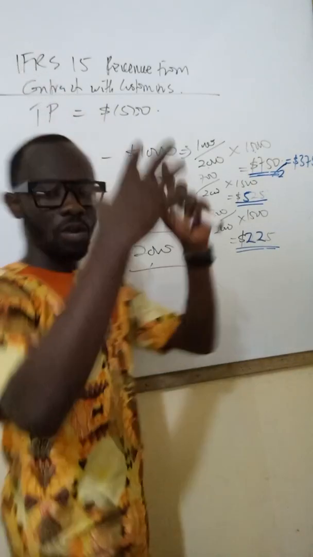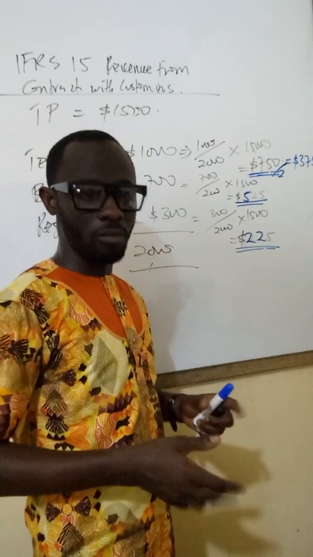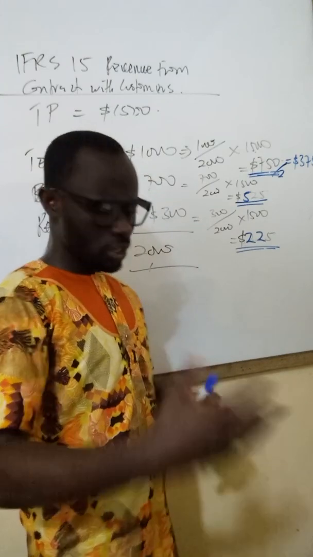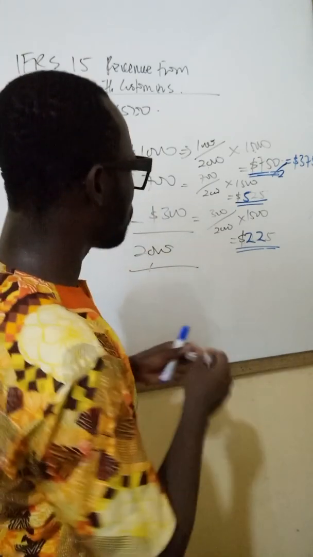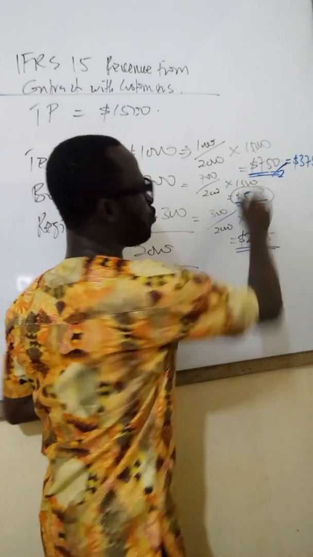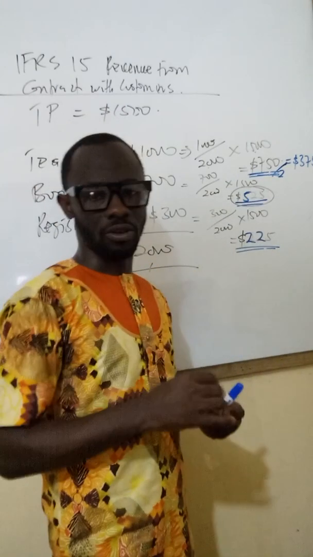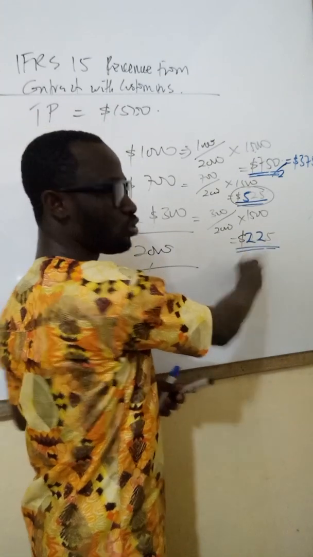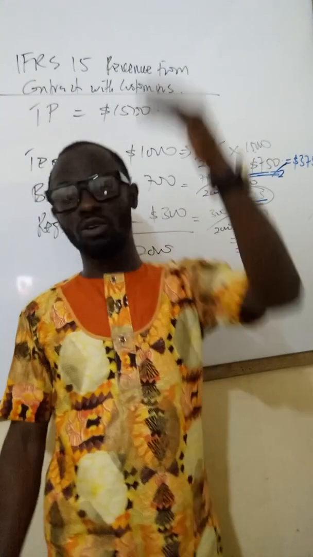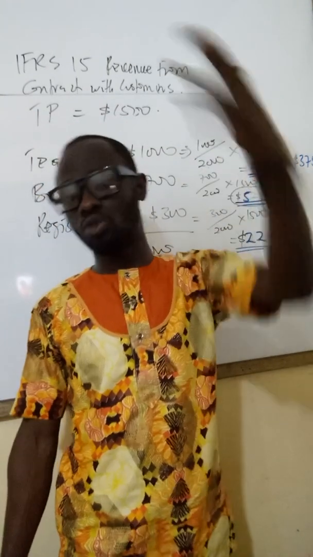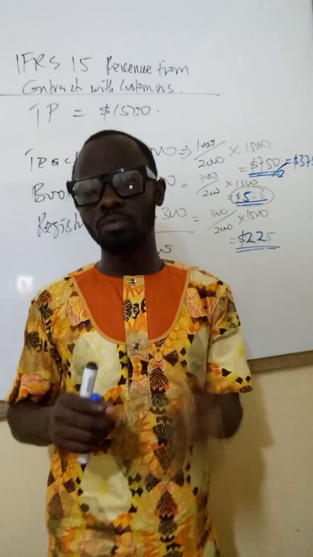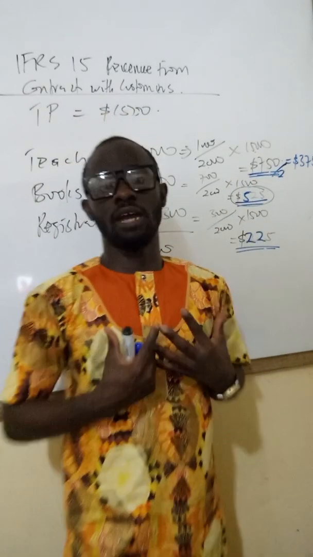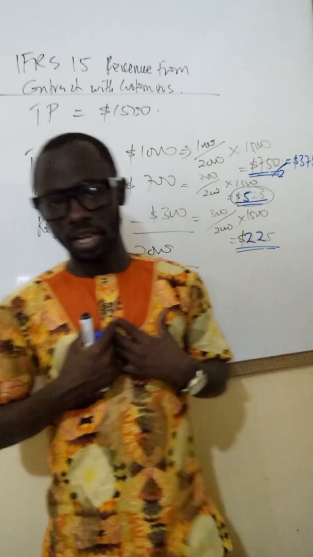Then maybe when we sign the contract, at that very moment, I'm going to give you the books. So when I give you the books, I'm going to recognize 525 as my revenue. Then you can realize that this registration thing, 225, is going to take a long time. It is after the 2 months, when I actually help you to do the registration, that I'm going to recognize that revenue.